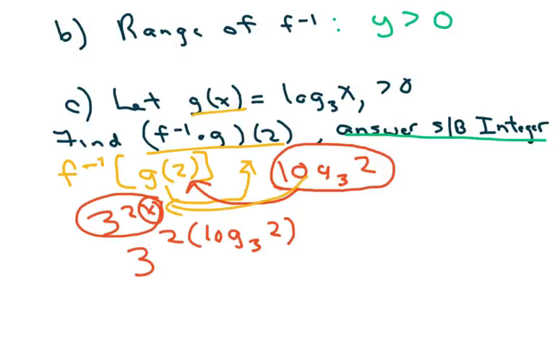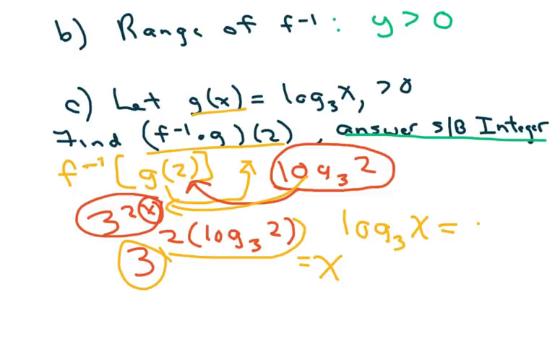Now, what I'm going to do is write this as a log. So I'm going to set this to x, and I'm going to get log, and my base is 3 of x equals my power. My power in this case is this, 2 times log base 3 of 2.